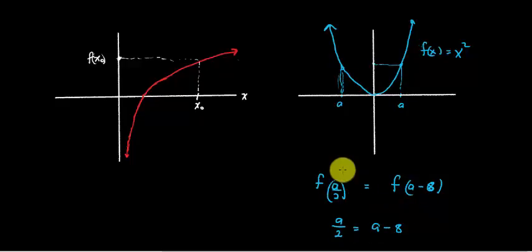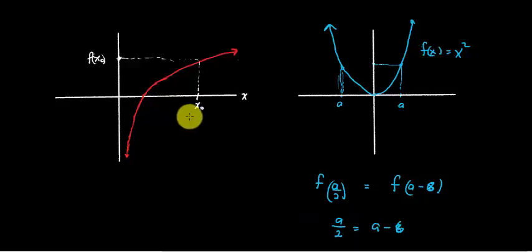Just because the function was equal when I plugged in two different expressions doesn't mean that the expressions are equal. In fact, here we said a was 4 and a was 4 here, but this expression, 4 divided by 2, is actually 2, and this expression, 4 minus 6, is actually equal to negative 2. So these are not the same.